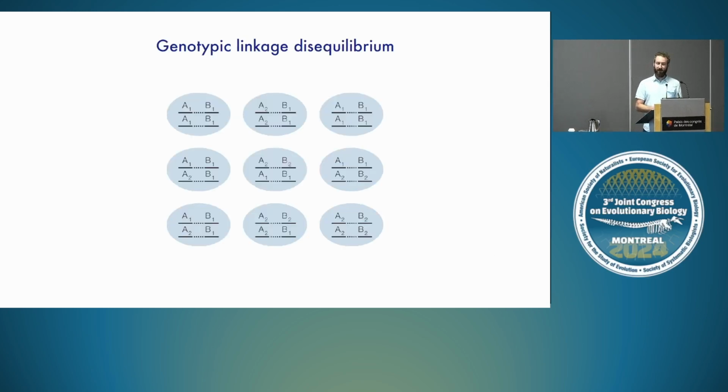If you don't have phase data, if you just have genotype data, you can still estimate recombination rates, but using genotypic linkage disequilibrium. Now you're looking for an association between a genotype, say A1 A2, and another genotype, say B1 B1. That still has the same exact expectation as gametic LD if you just didn't know gamete phase.